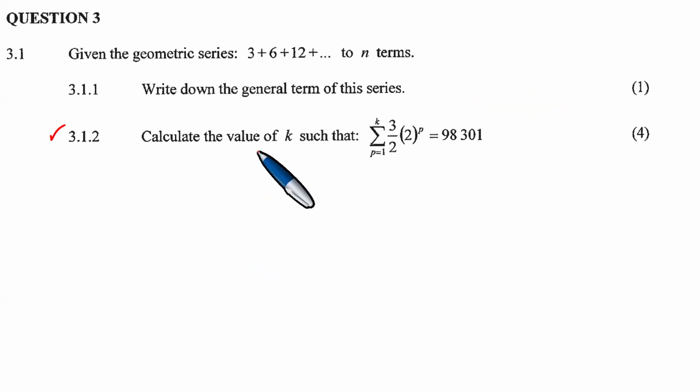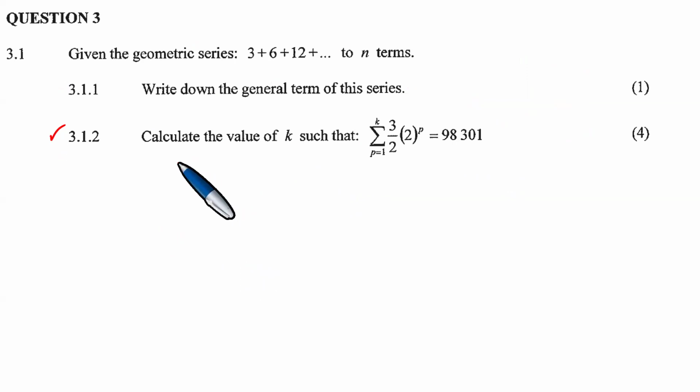3.1.2, calculate the value of k such that this summation is 98,301. To answer this question, this is about a summation. So first things first, we need to write out this particular summation.